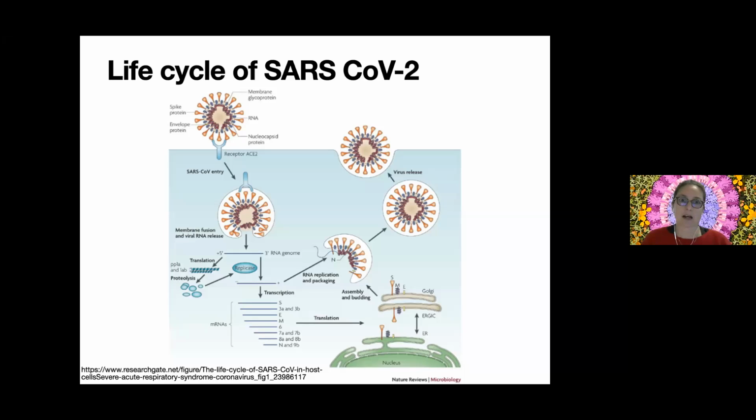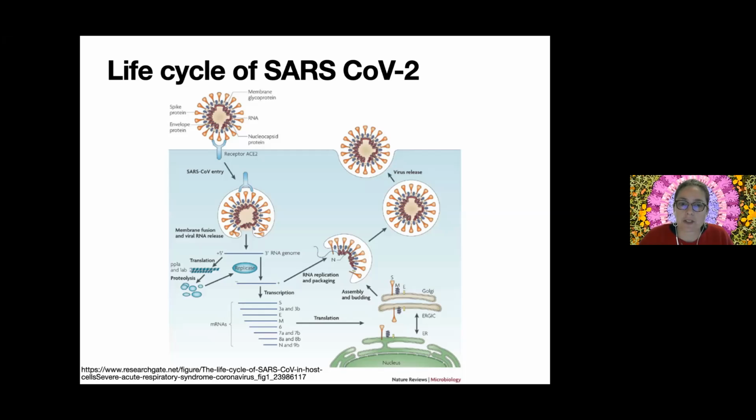SARS-CoV-2. Here, I'm showing you a brief schematic of the life cycle of the virus. In the upper left-hand corner, you can see the viral particle attaching to a cell through a receptor protein called ACE2. The virus then enters the cell in a vesicle.